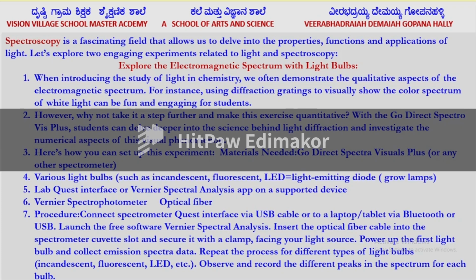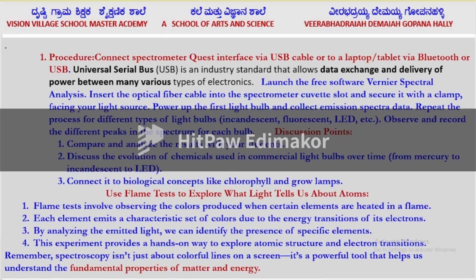The spectrometer connects to the LabQuest interface via USB, Bluetooth, etc. Well, USB, what is the abbreviation? It stands for Universal Serial Bus, an industry standard that allows data exchange and delivery of power between various types of electronics. Electronic gadgets, you can say.